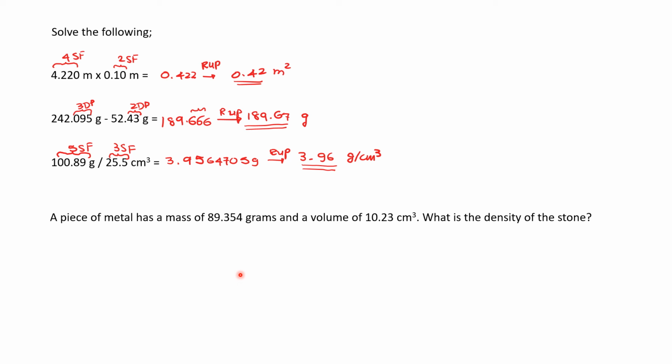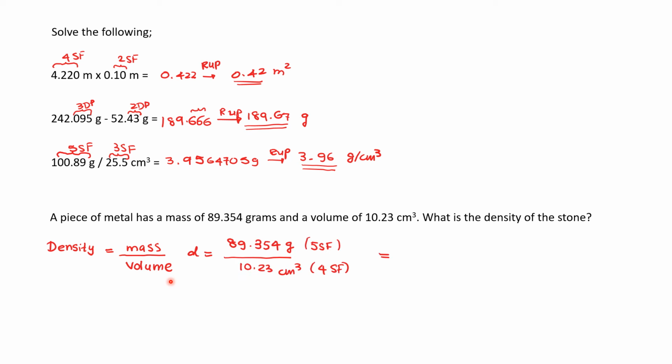A piece of metal has a mass of 89.354 grams and a volume of 10.23 cubic centimeters. What is the density of the metal? So density equals mass over volume. So you're going to do the division between these two numbers, 89.354 grams over 10.23 cubic centimeters.